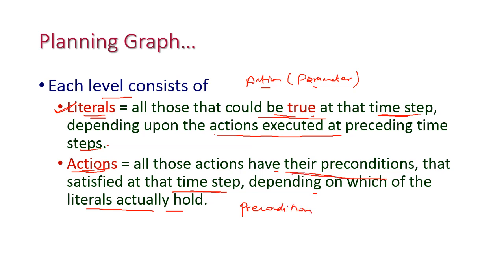The precondition should be satisfied and then we will get the effect. So before executing an action, the state should satisfy the precondition, then we will get the resultant state.